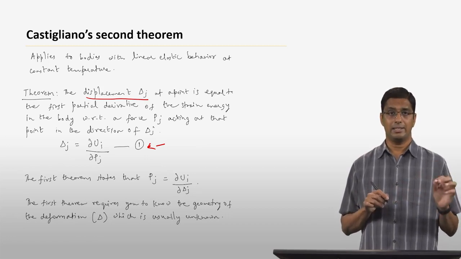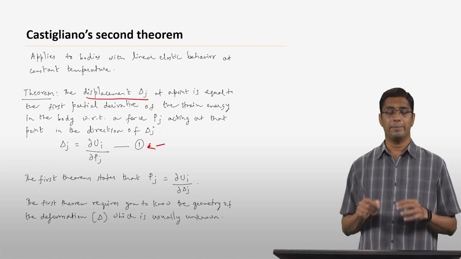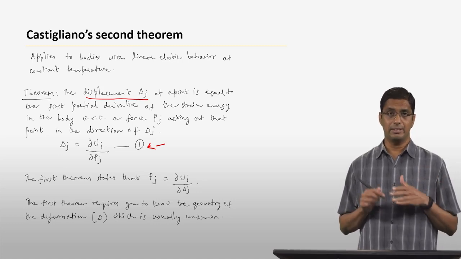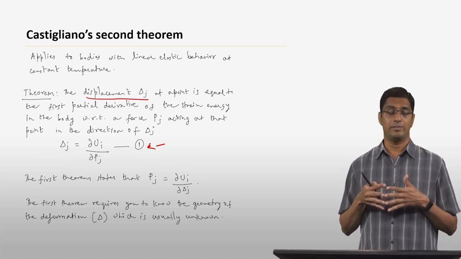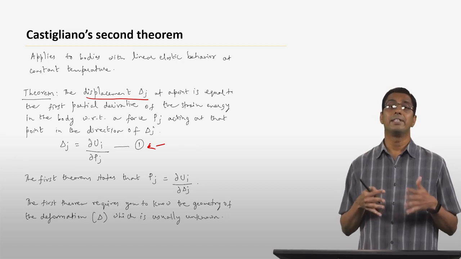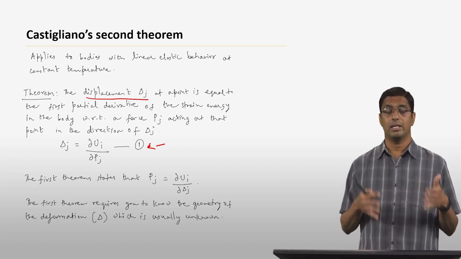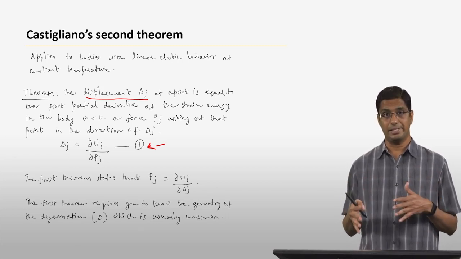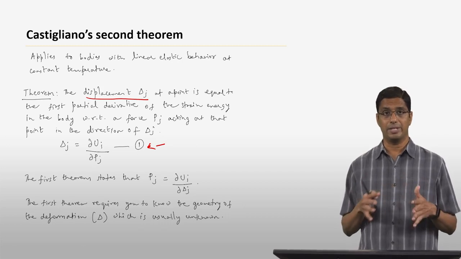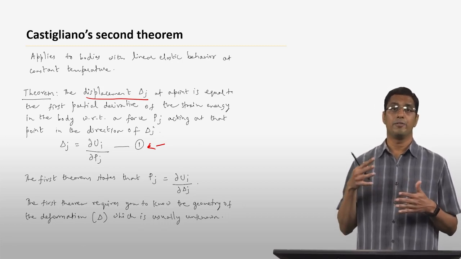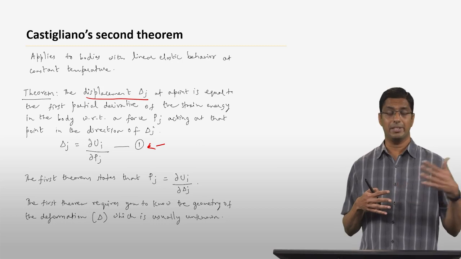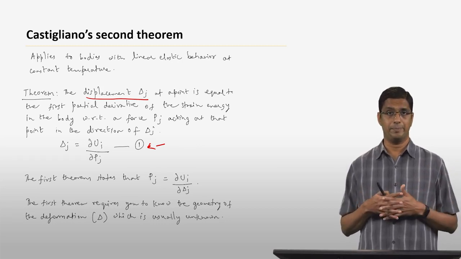And this derivative del Ui by del Pj essentially gives the displacement of the point in the body in the same direction as Pj. Okay, so that is something that is very important. If you want to find out what the displacement is in some other direction, then you have to apply a force in that particular direction.